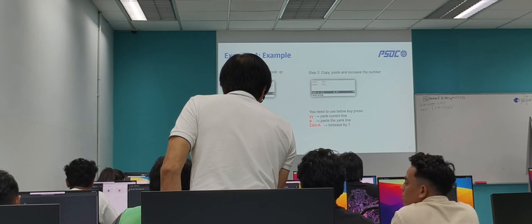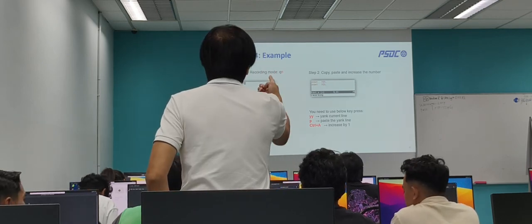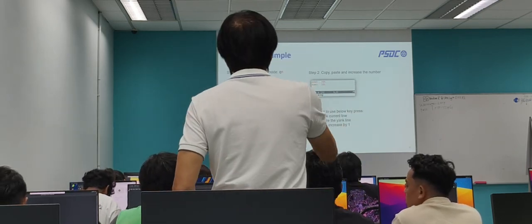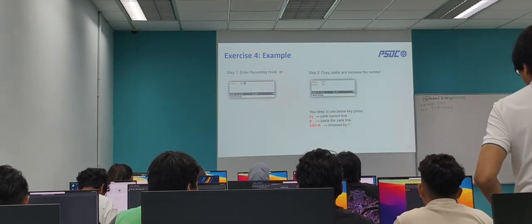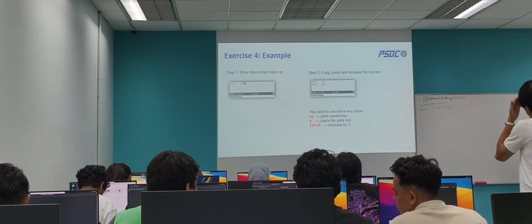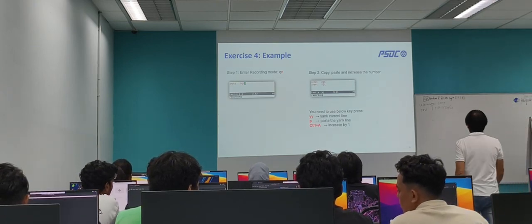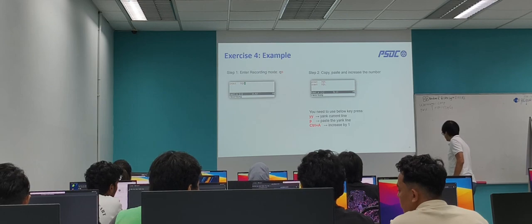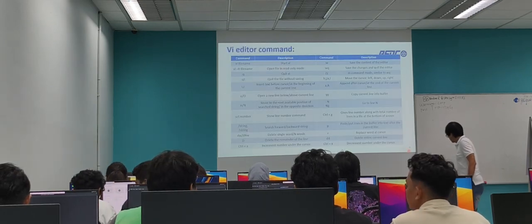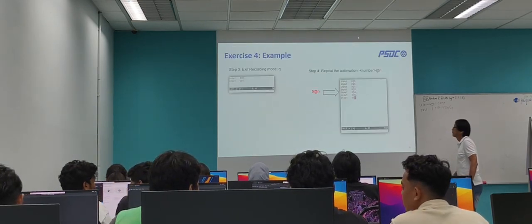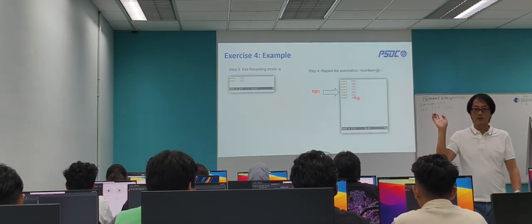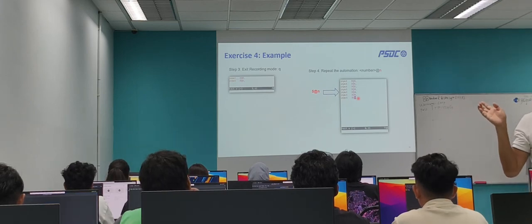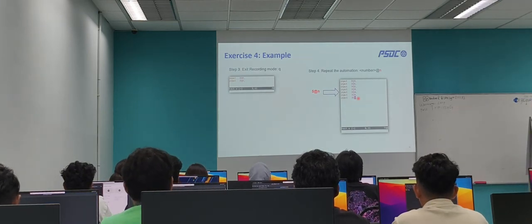Control A. Right, exactly like this one. Then step 3 is the Q, with the recording mode. So okay, step 3 is stop the recording mode. Then step 4 is to repeat 5 times.